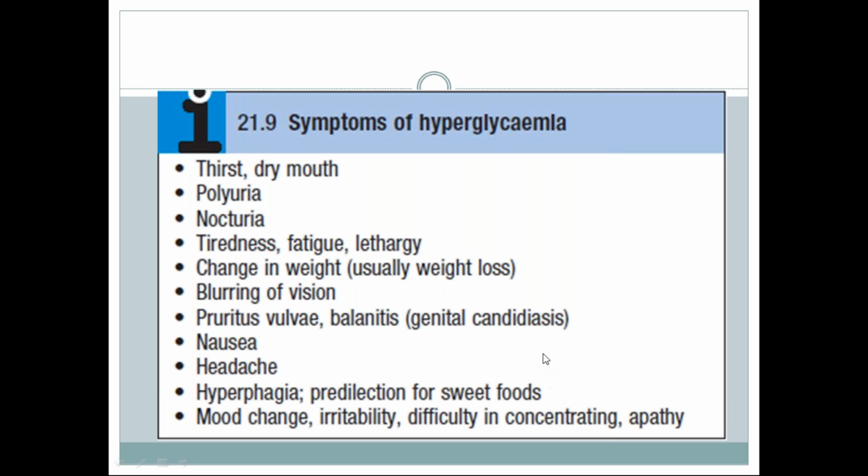So the patient consumes more water and more food, and usually goes for polyuria, but there is a history of weight loss. So the triad of diabetes is usually polyuria, polydipsia, and weight loss.